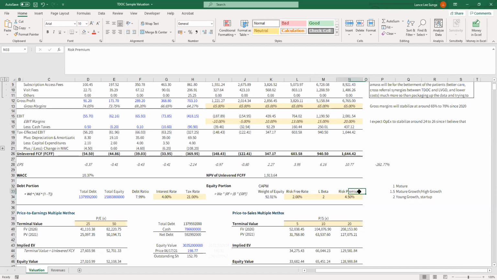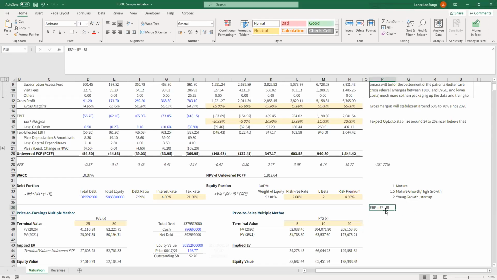Right? And then the risk premium, so ERP, it's also equal to the expected return of the market minus the risk-free rate. Right?